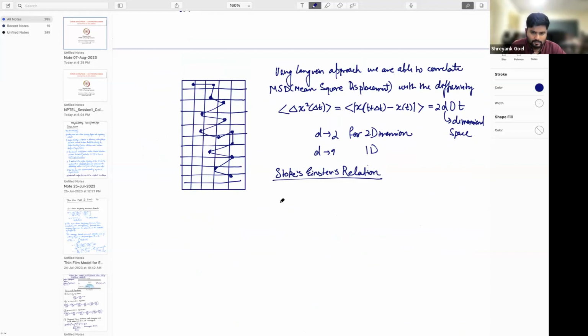D is equal to kBT by 6 pi mu r. r is the radius of the particle, and mu is the viscosity of the dispersion medium.